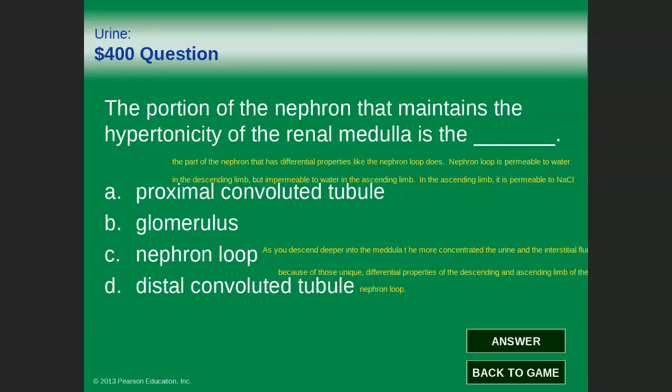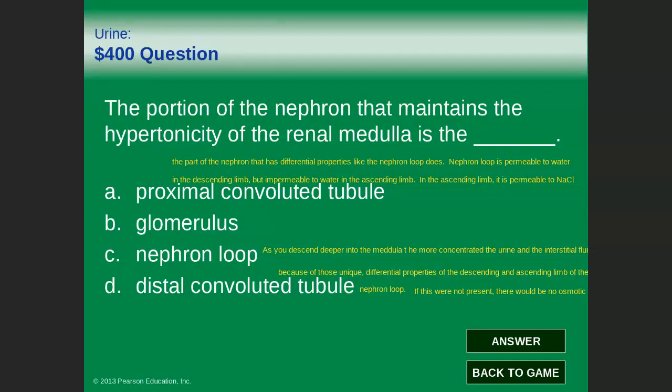If you didn't have that, you would not be able to produce a concentrated urine. If this were not present, there would be no osmotic gradient to pull water out of the descending limb.